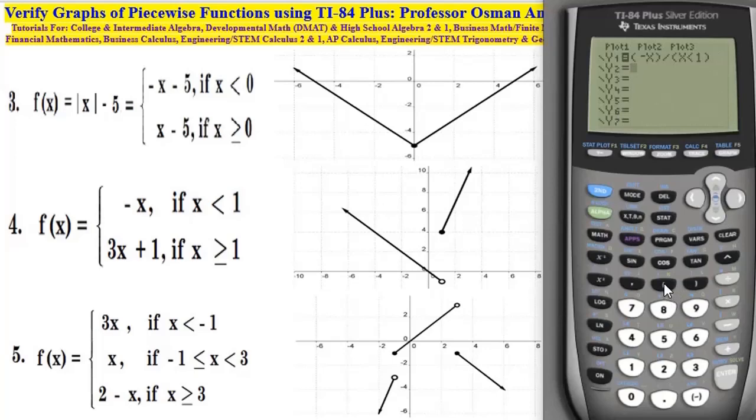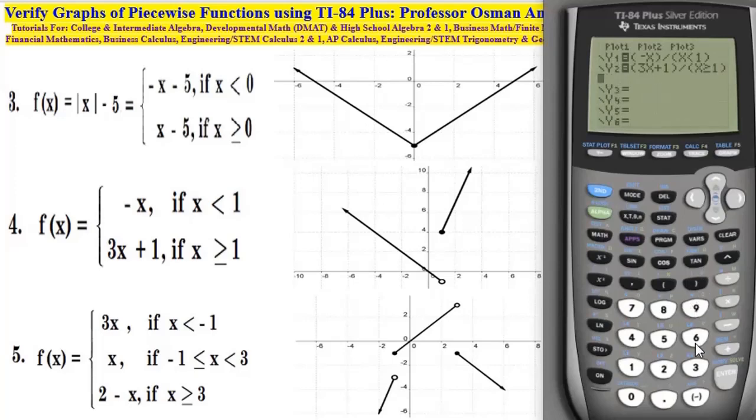And it is open parenthesis 3x plus 1, and this is valid divide, and this is valid for x second math greater or equal to 1.